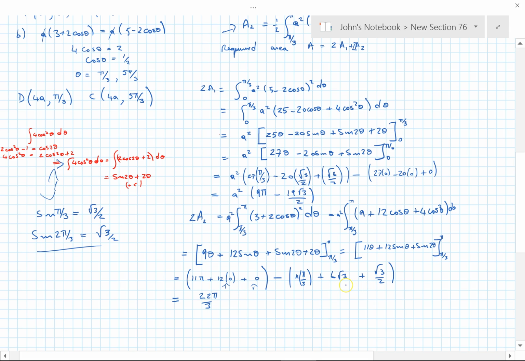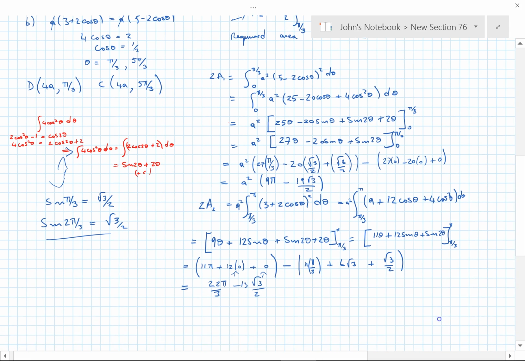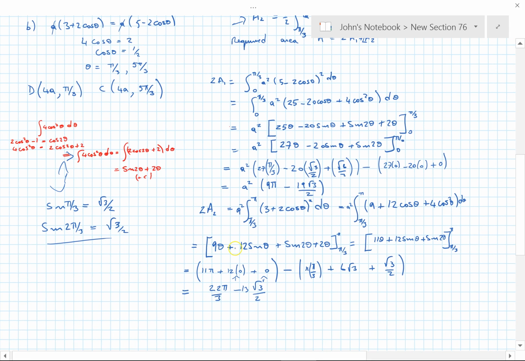So this is 6 plus the square root of 3 over 2, so that's 13 square root of 3 over 2. And don't forget our a squared, I seem to have dropped it. A squared there.